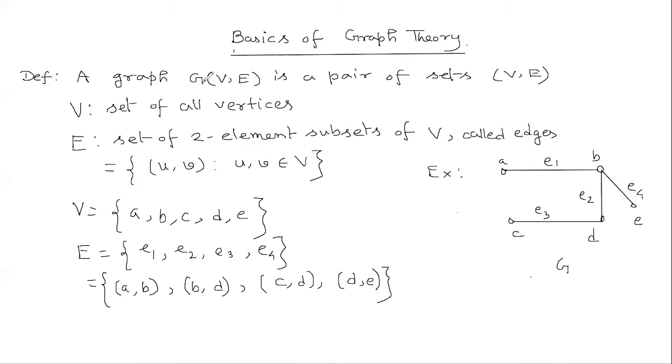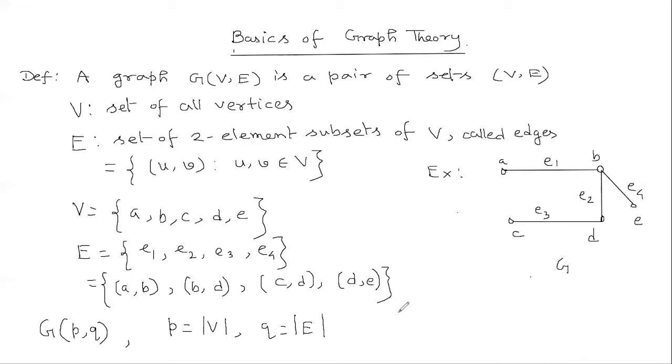Now we also represent the graph by G(P, Q), if P represents the number of vertices present in the graph and Q represents the number of edges of the graph. So either we represent the graph by G(V, E), the set of all vertices and set of all edges, or we can write this as G(P, Q), where P equals the number of vertices and Q equals the number of edges.